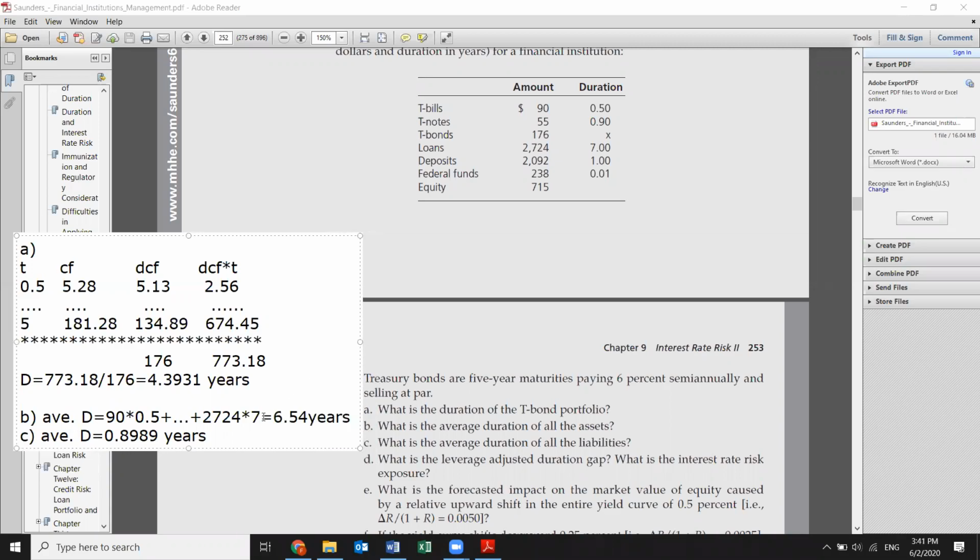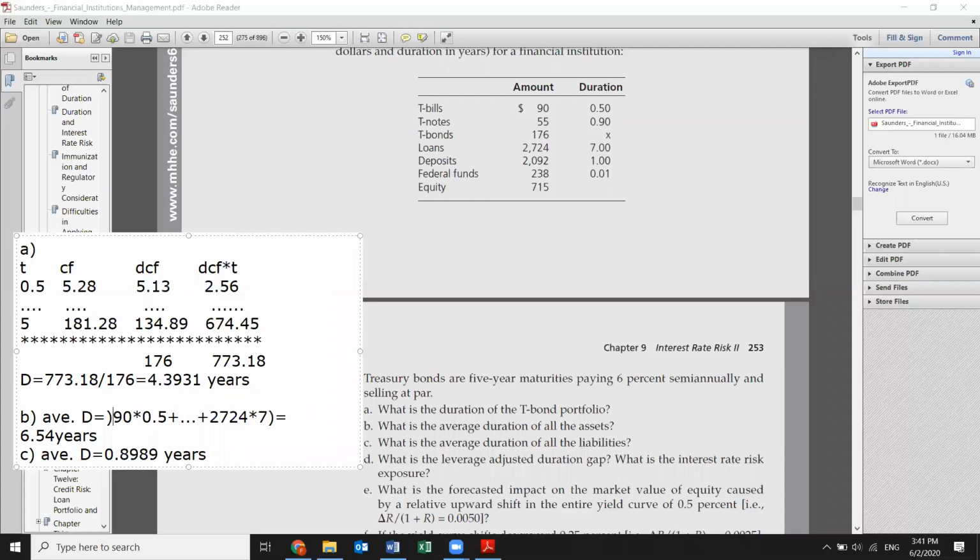And this all is divided by the average total asset, which is in here. If you add them up all, that will give you 3,045.